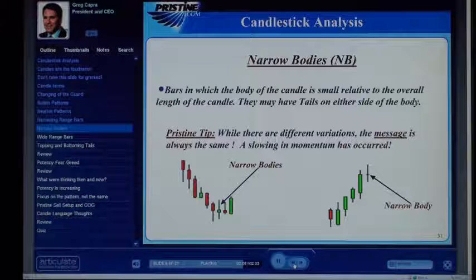The next candle could be a green candle closing above that candle's high, indicating that momentum is increasing again to the upside. So while this narrow body, or what's commonly called a doji, doesn't necessarily mean that prices are going to begin to move down, we have to wait for the next candle. The only thought you want to take away from this particular candle is that momentum has slowed down and you're waiting for the next message to occur.